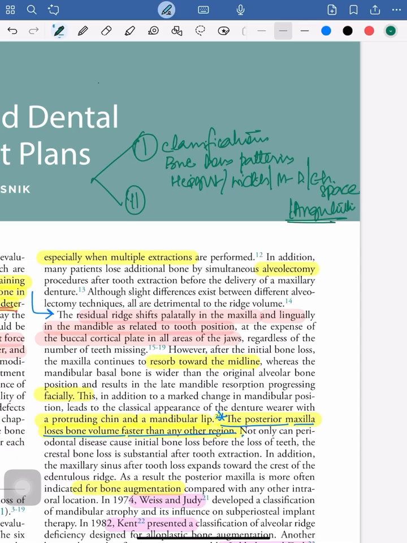We'll see how each of these factors would impact your treatment planning, and in the next part we will use this particular classification to see how each type of bone would indicate a different treatment plan.